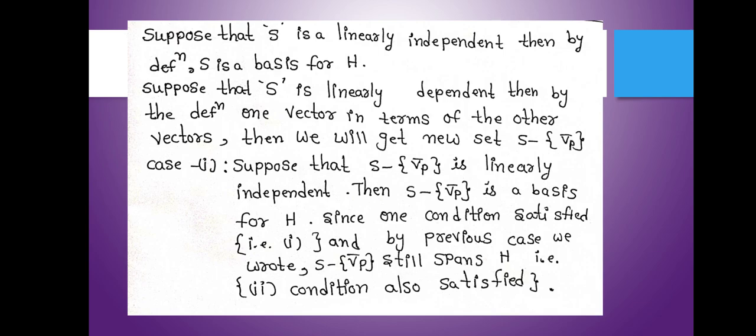Then by definition S is a basis for H. If S is linearly independent and a spanning set, then it is a basis for H. Okay, first linearly independent, it is proved. Then we wrote H is equal to the span of v1, v2 up to vp, which is the set S. So H is equal to the span of S, so S is a basis for H.